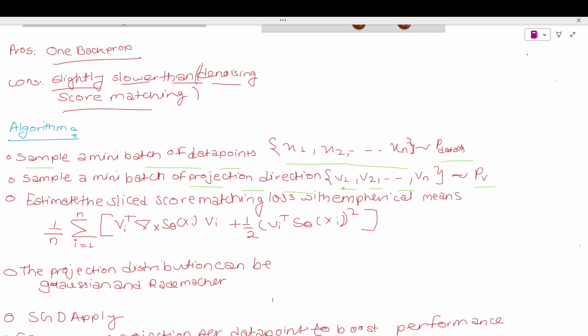If you sample more projections for the data points, you will boost your performance, but your computation will increase.